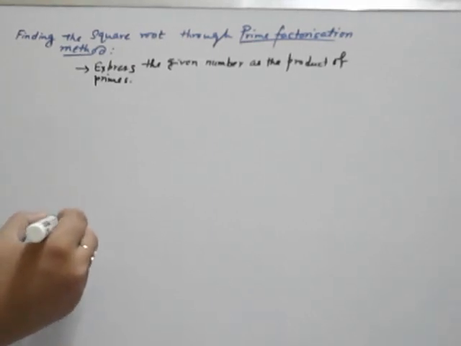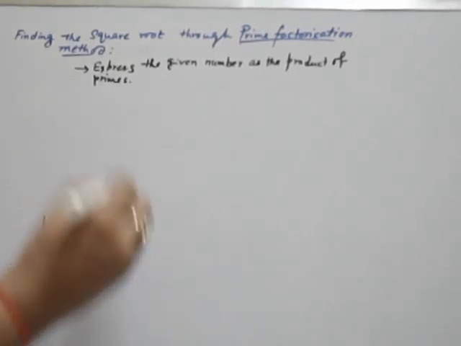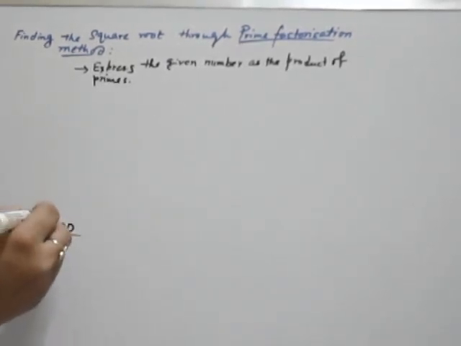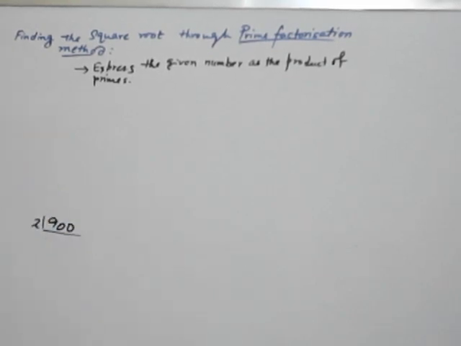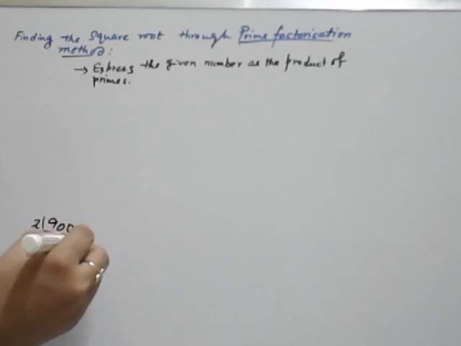So 900, first you find the prime factorization of 900. If you divide by 2, the result is 450.